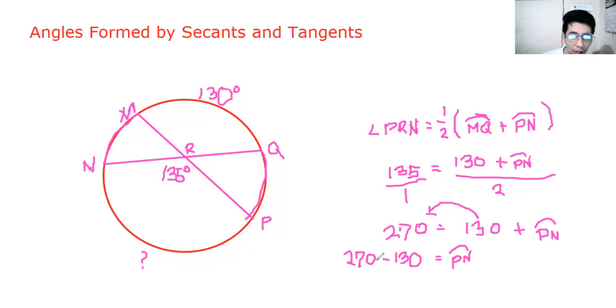So 270 minus 130, this is 140. This equals to PN. Tama ba? 140. So tama, 140. So ganun lang siya.